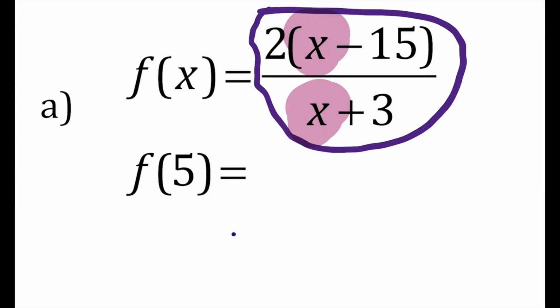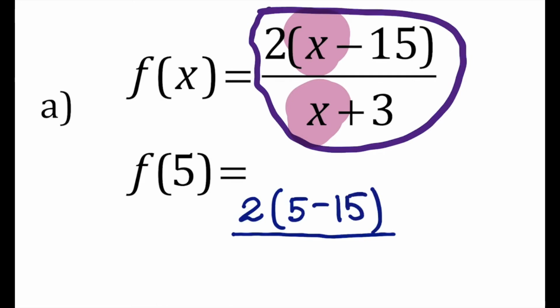So let's see what we have. According to my function, the rule is 2, then parentheses, and parentheses always take precedence, as you remember. 5 minus 15, the good old order of operations, we call it. And then x plus 3, so instead of x again, I'm plugging in 5 plus 3. Now I'm going to look at parentheses. 5 minus 15 is negative 10.